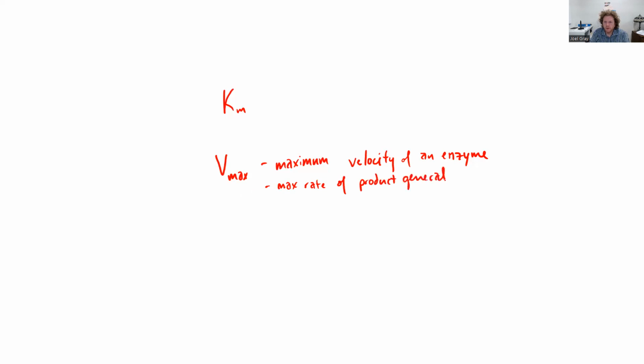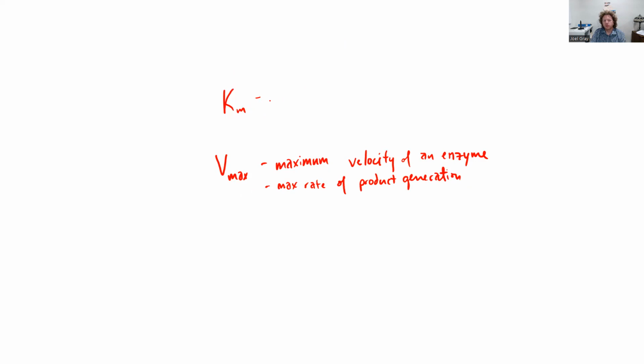Okay, our other kinetic parameter, I would say, is not quite as direct. With that said, it's something that you can actually understand from a couple of different angles.